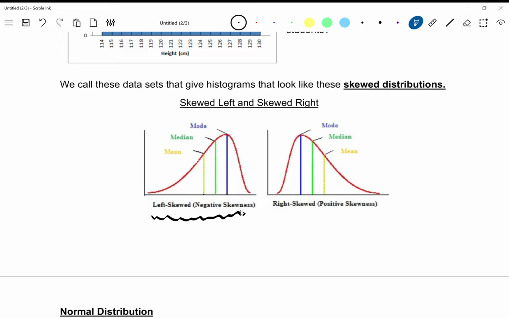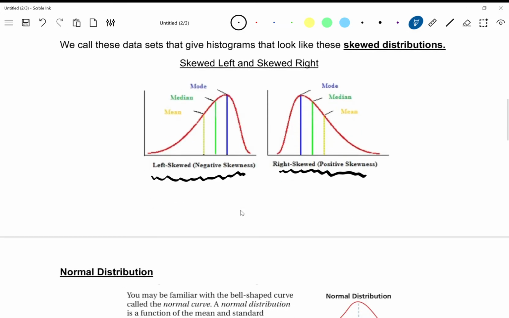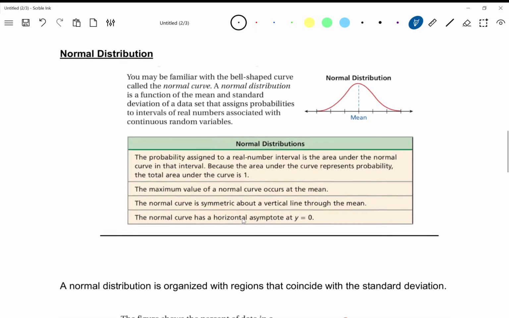Right skewed is the exact opposite. These are just called skewed distributions, where a lot of the information is clustered on one side or the other.